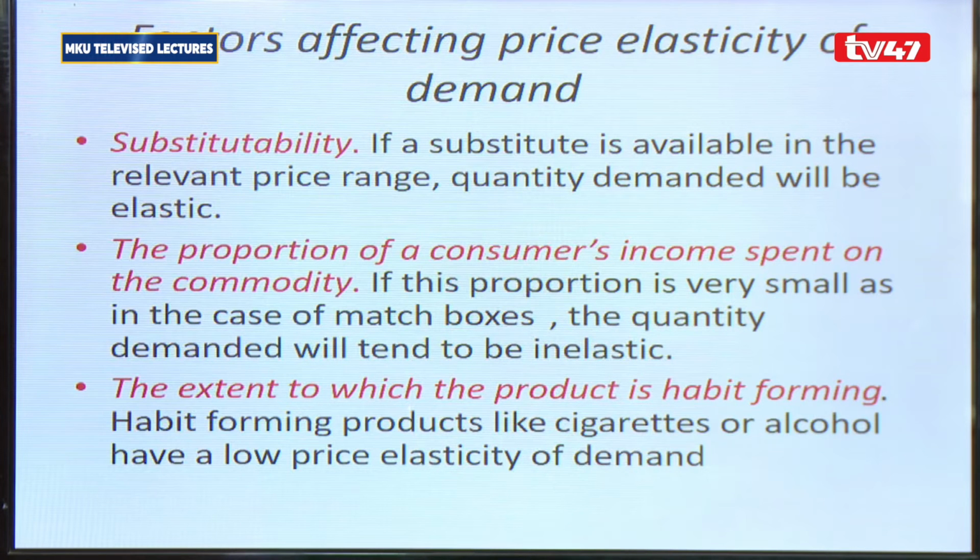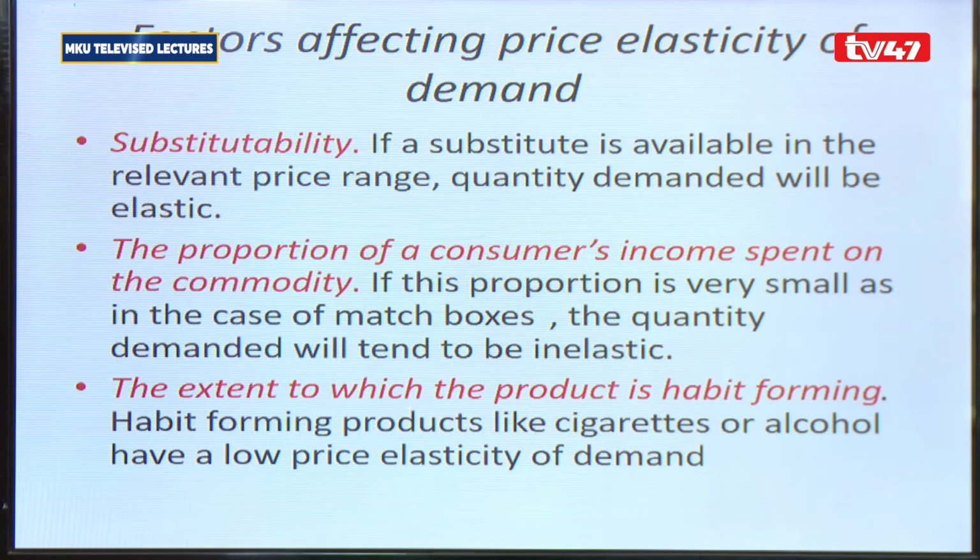The first one is substitutability. Normally, I've said I'm likely to respond in a specific way depending on whether the product has a substitute or not. I'm likely to experience elastic demand if that product has a substitute. I want to give an example here. I want to talk about Lifebuoy and Dettol soap.